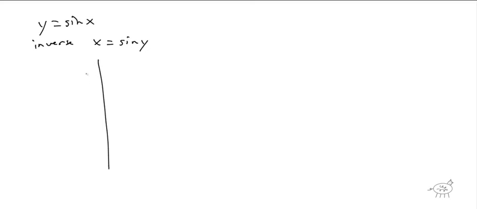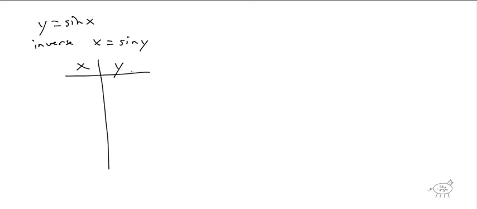All right, so let's talk about a little trig action here now. If I give you guys y is equal to sine of x, and of course the inverse is going to be x equals sine of y. So let's give you a little t-chart here, an xy chart. Before, I used to pick values of x and then get values of y. Well, I'm going to do the opposite now.